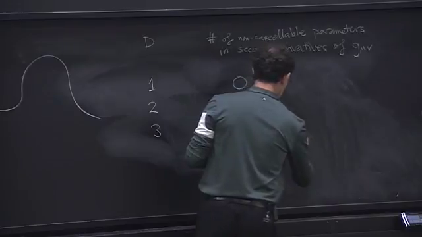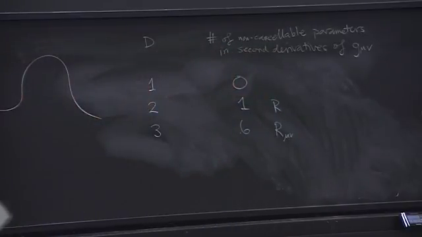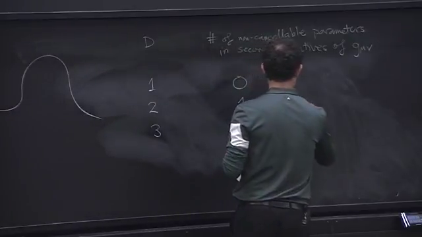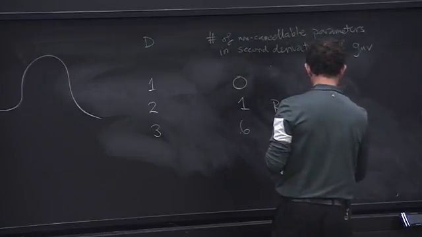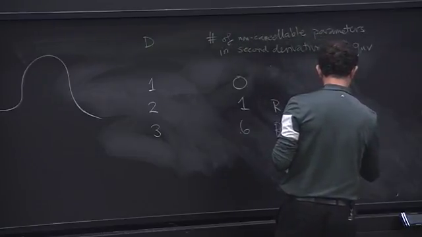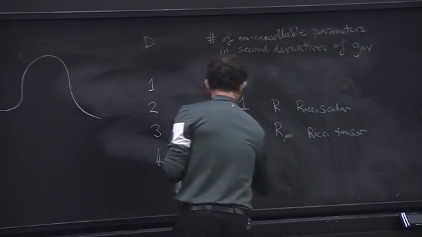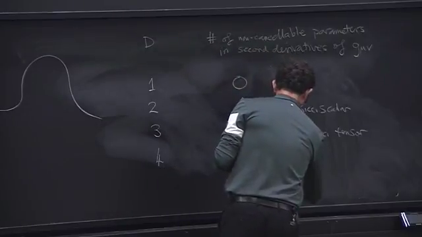In 3 dimensions, you have a symmetric tensor called the Ricci tensor. This is the Ricci scalar. Ricci tensor. And then in 4 dimensions, you have 20. And this is called the Riemann tensor.